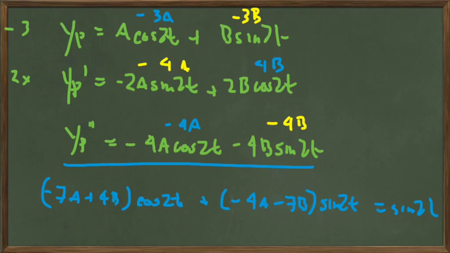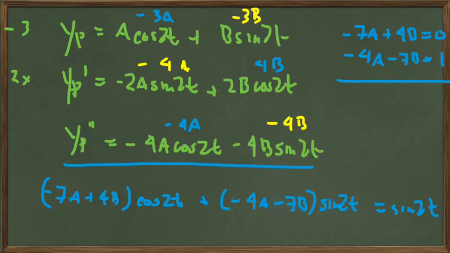So that gives us two equations: minus 7a plus 4b equals 0, and minus 4a minus 7b equals 1.